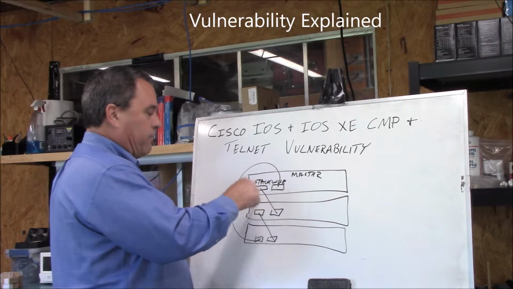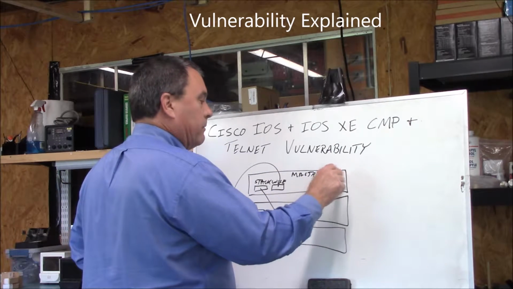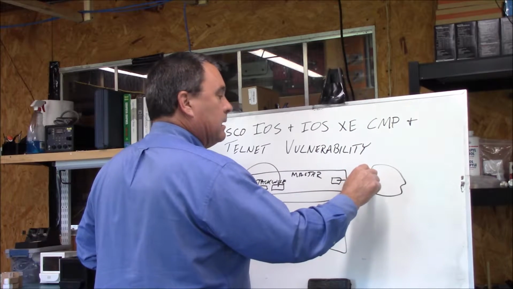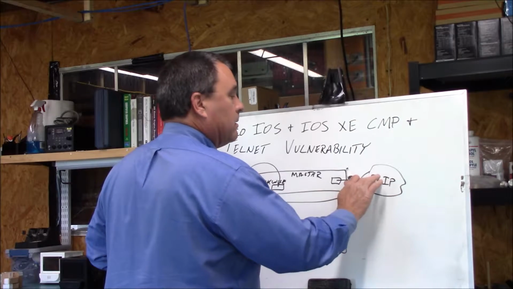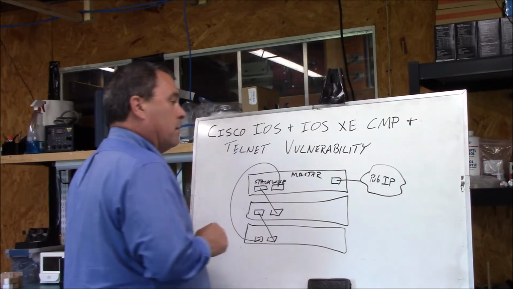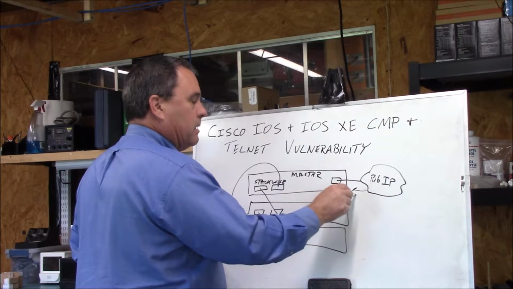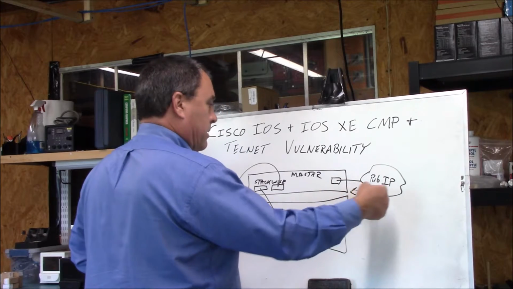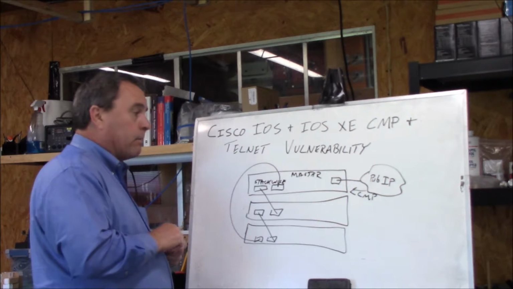That would be okay if it was just restricted to these ports, but apparently if you have an Ethernet port that's going out to the public IP, the internet, then someone can actually send CMP messages to this port, and they don't even have to log in.